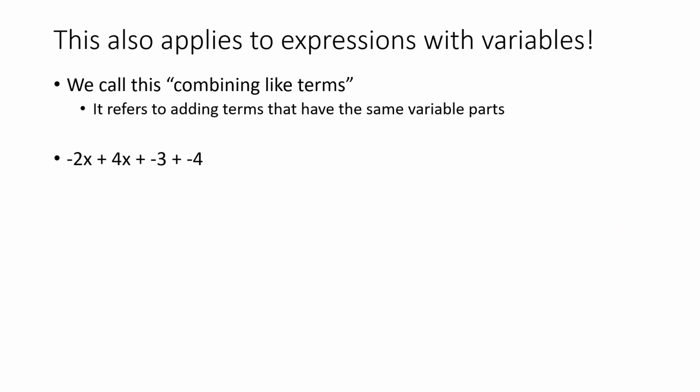So this also applies to expressions with variables. We call this combining like terms, and you will hear this all the time. In my own classes, I often abbreviate this CLT because I do not like to write combining like terms. But combining like terms is referring to terms that have the same variable parts. So we know from our previous study in algebra that 4x means 4 times x, and x is some unknown number.